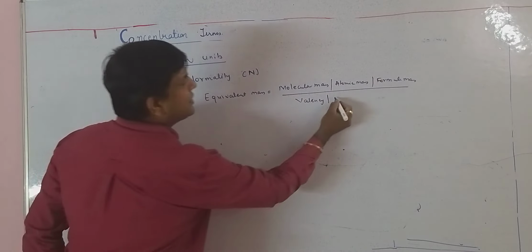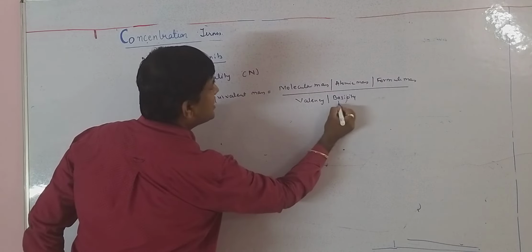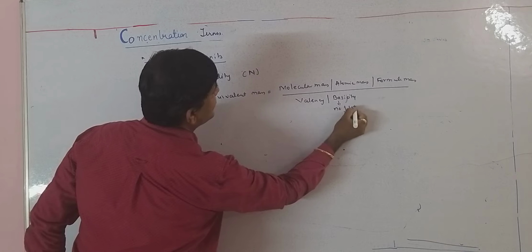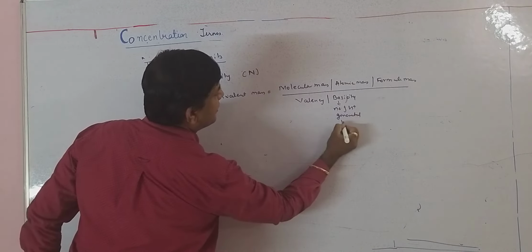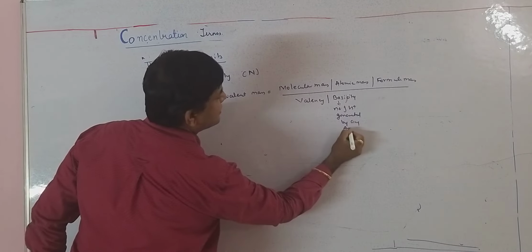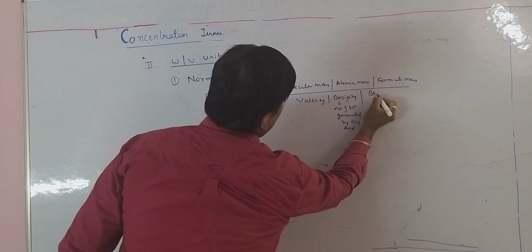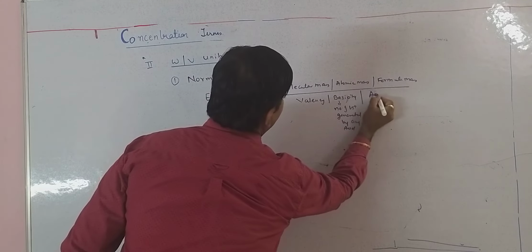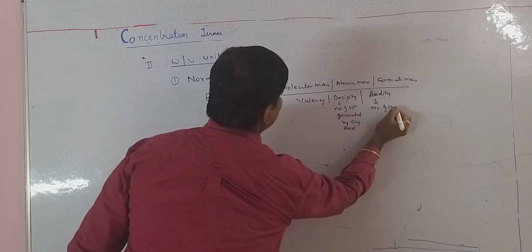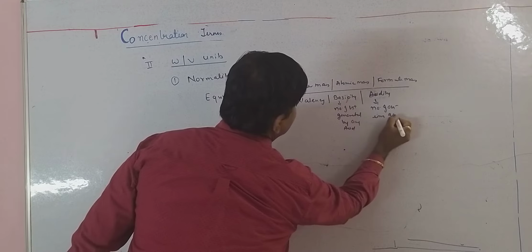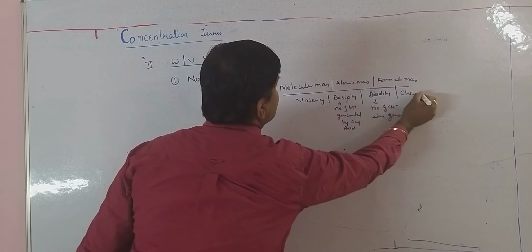If an acid is given, I can take basicity. What is basicity? The number of H plus ions generated by any acid. If a base is given, I will write acidity. What is acidity? The number of OH minus ions generated. If an ion is given, then I would write the charge.